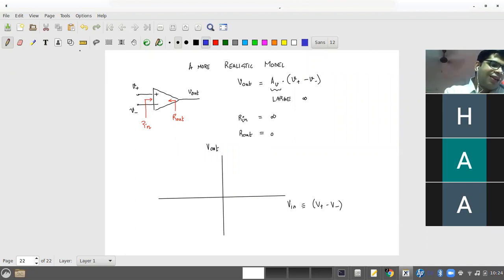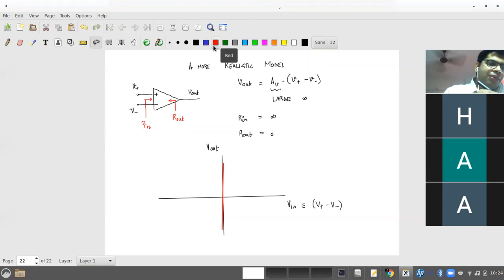Then yes, there is a region where this V out by V in has a very, very steep slope. That's where you have the infinite gain. So this slope will be extremely steep, but the output would saturate close to the power supply rails.